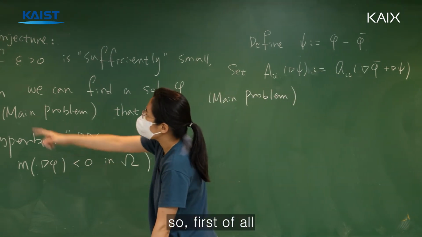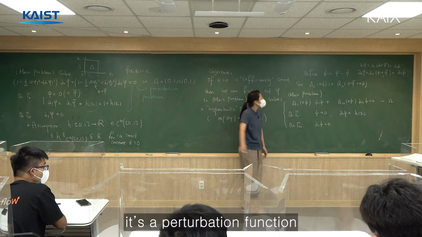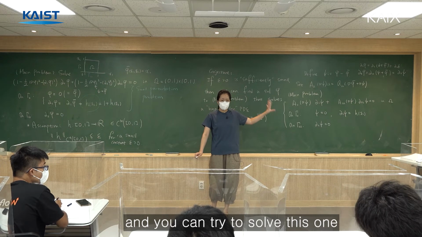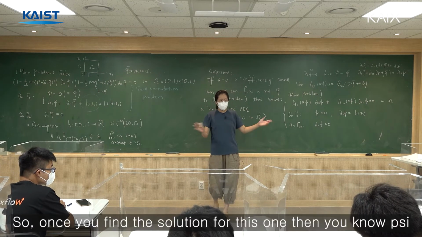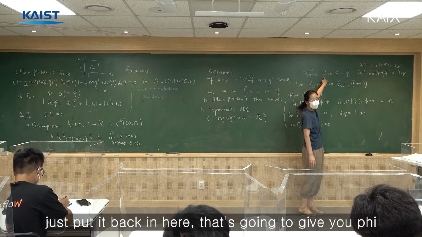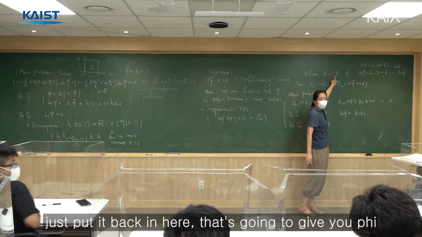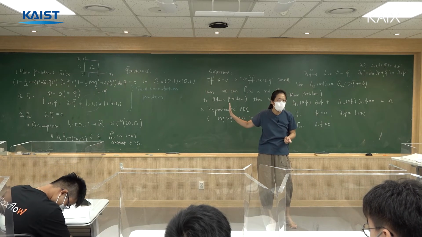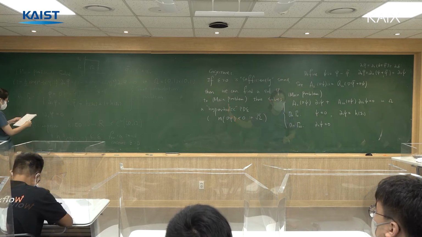So first of all, as a perturbation function, and then you can try to solve this one. So once you find the solution for this one, then you know psi, just put it back in here. That's going to give you phi, which is the solution of the original problem. Yes? And it's the following.